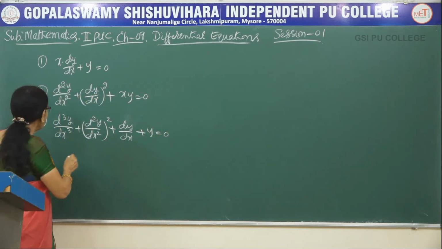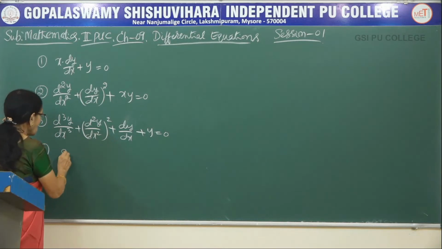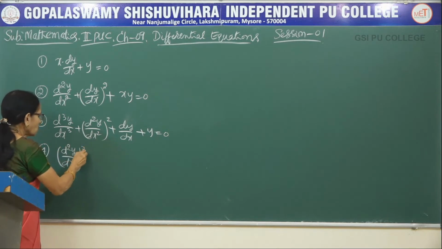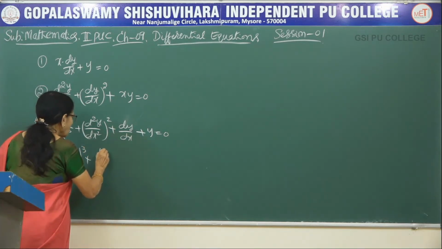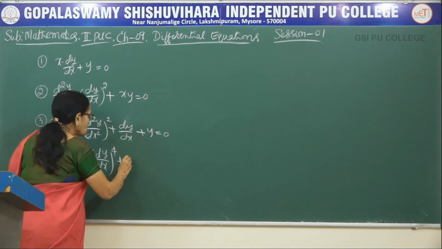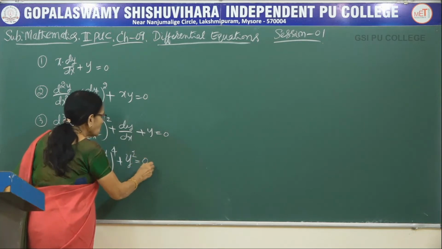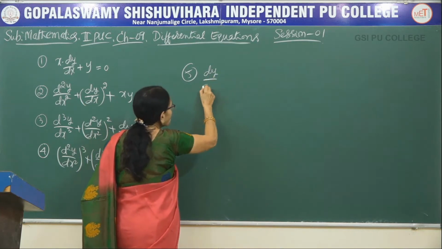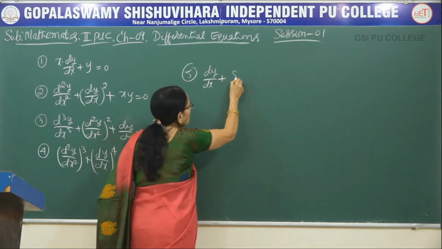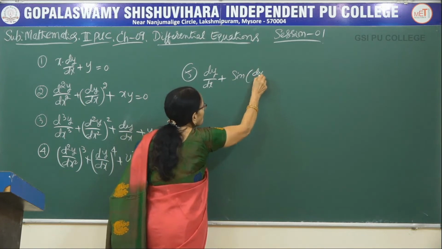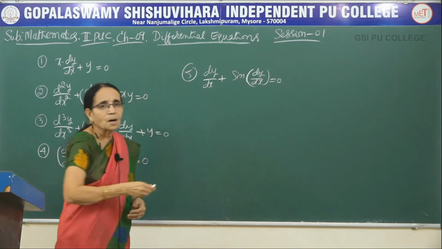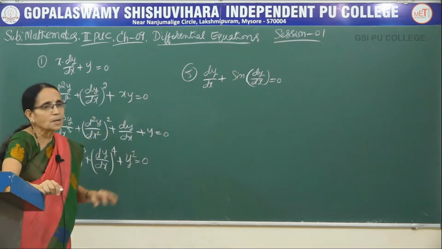Now let me take one more here. d square y by dx square the whole cube plus dy by dx to the power 4 plus y square equal to 0. Let me take another example. dy by dx plus sin of dy by dx is equal to 0. Now these are the different types of differential equation.